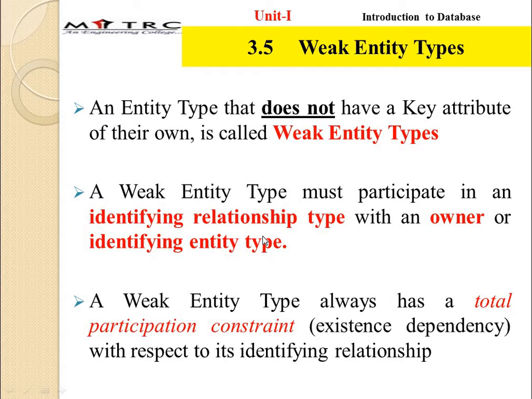There is a third important point, which also defines that the weak entity type always has a total participation constraint. That means the existence dependency exists in the weak entity type with respect to its identifying relationship.